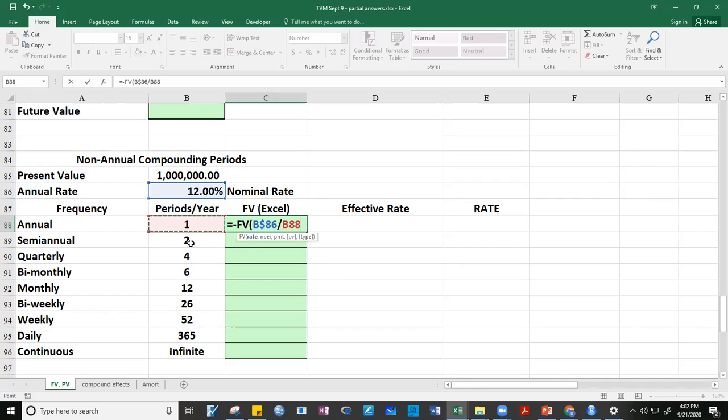Semi-annual, 12% divided by 2, means interest every 6 months, 6% each time. Clear, Angela? Yes, sir. So when we drag down, the effective rate changes. Then comma, N per.